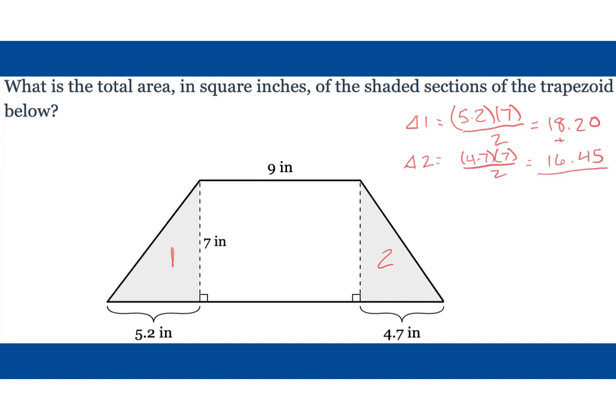So 0 plus 5 is 5. 2 tenths plus 4 tenths is 6 tenths. 8 plus 6 is 14. And that 10 plus 2 more tens is 3. So 30. 34.65, and then my units are inches squared because remember, area is a 2-dimensional measurement.